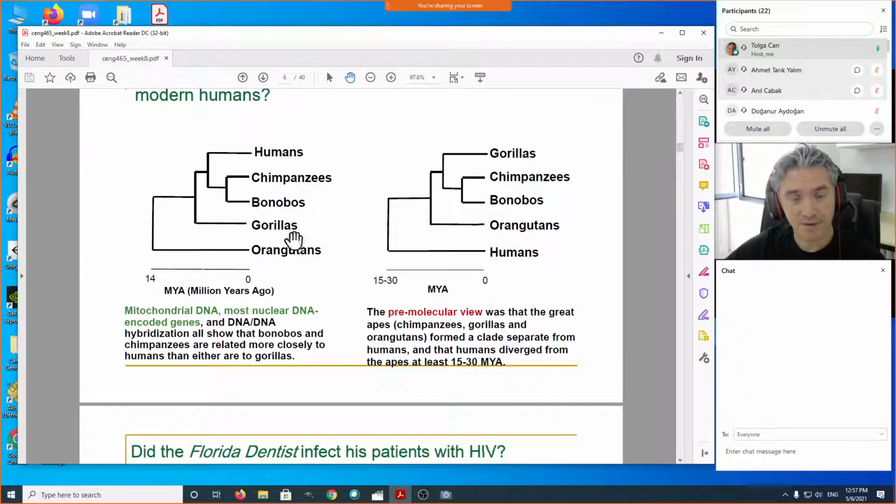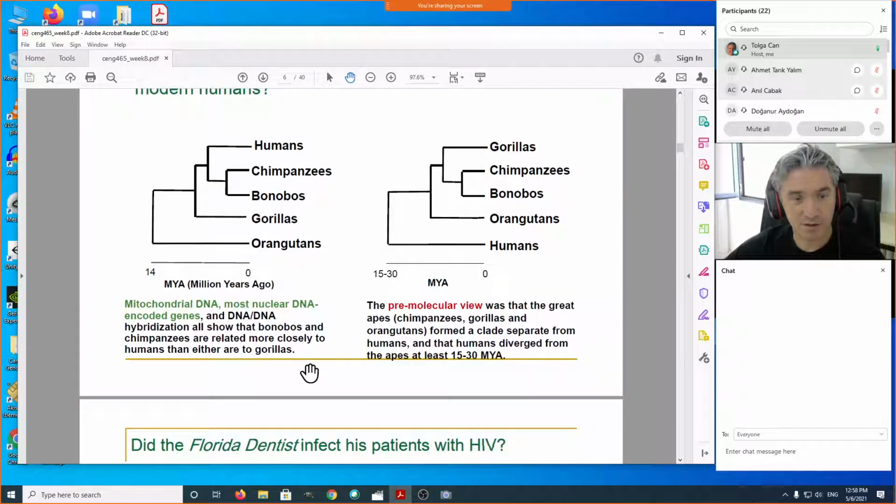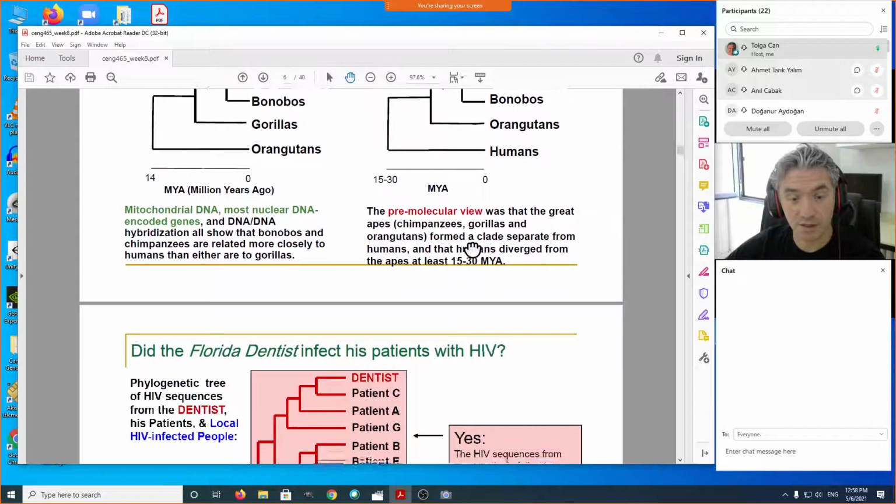Another thing is that the orangutans are the outliers in this group. Humans are in a cluster together with chimpanzees, bonobos, and gorillas. In this small group, gorillas are the outliers. So it shows that genetically, bonobos and chimpanzees are more closely related to humans than either are to gorillas.